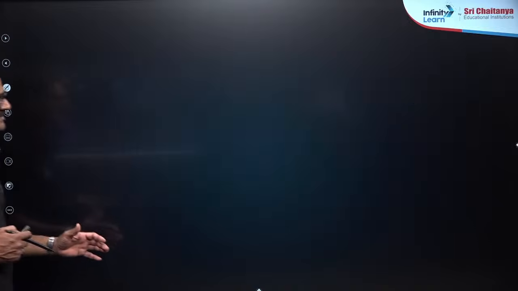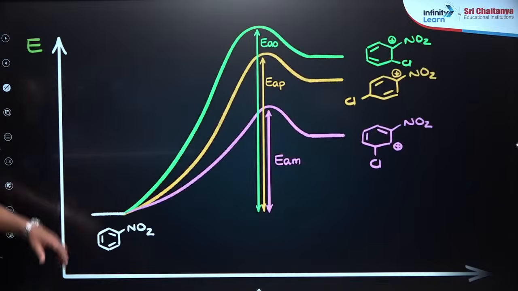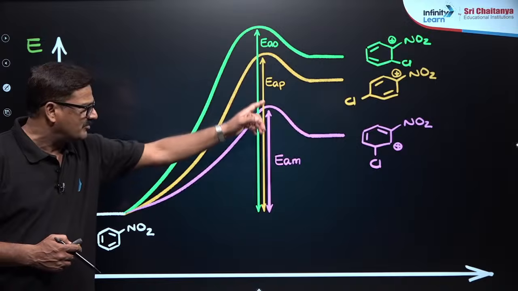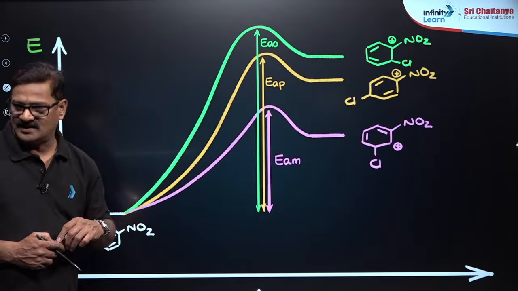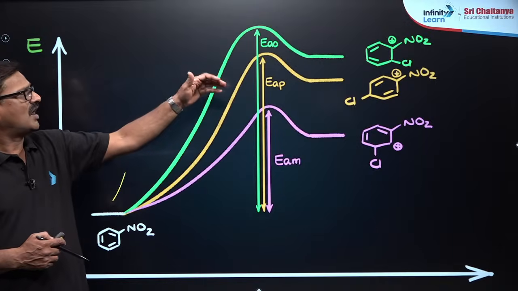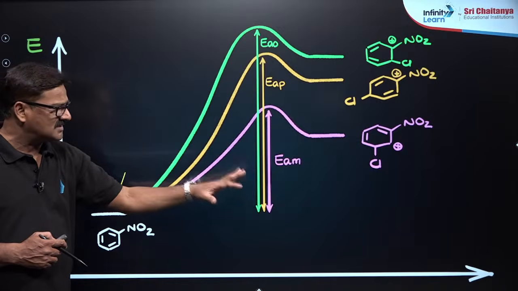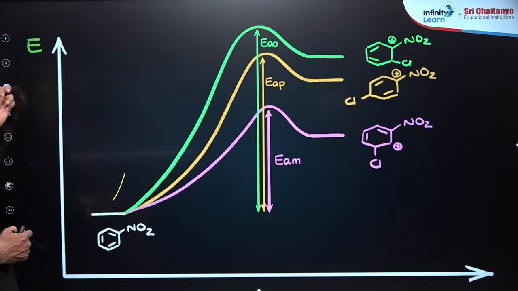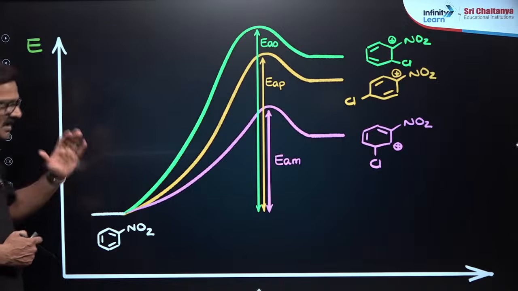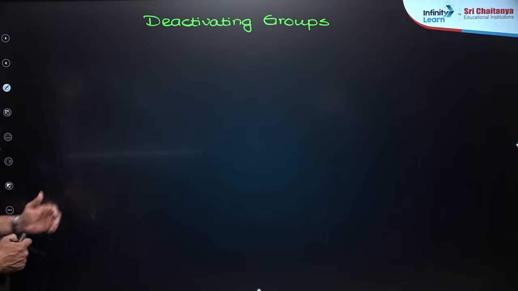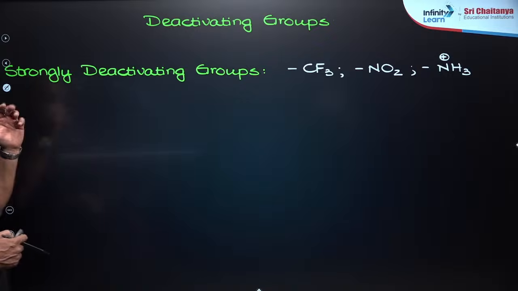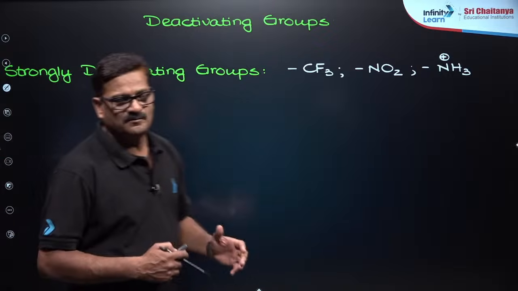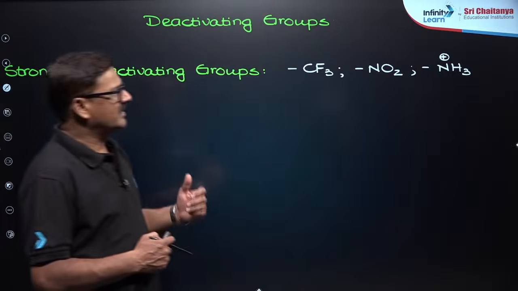That's the reason why in this case the activation energy for the meta sigma complex is going to be very low compared to ortho and para. As a result, the product in this reaction is going to be a meta directing product.